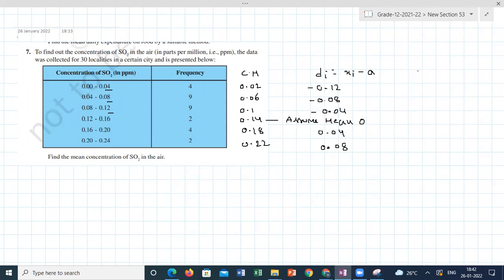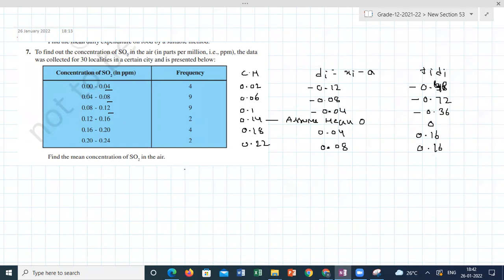Once you got this, it is simple now. Fi di: 4 times 12 is 48, sorry, 4 times 0.12 is 0.48 minus, 9 times 0.08 is 0.72 minus, 9 times 0.04 is 0.36 minus. Then the fourth one is 0, and the next is 0.16, 0.16.